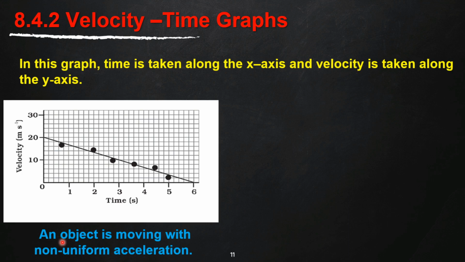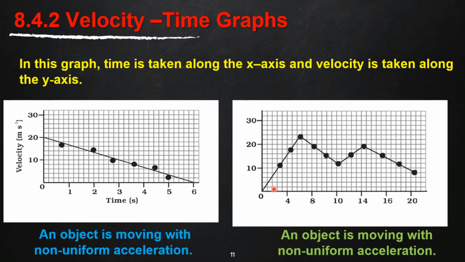So, this type of graph represents an object moving with non-uniform acceleration. Here also the object is moving with non-uniform acceleration. This time the line is not straight. It has ups and downs.